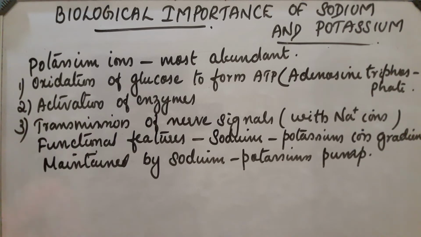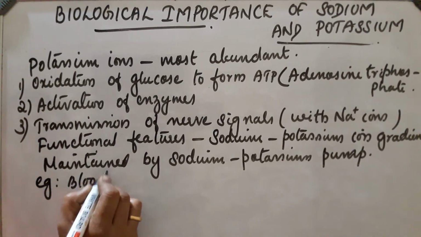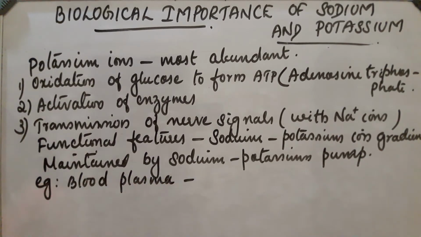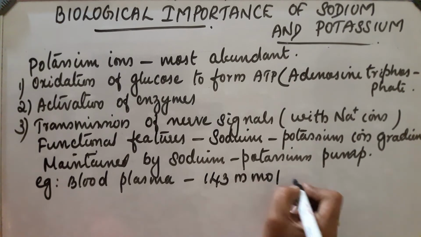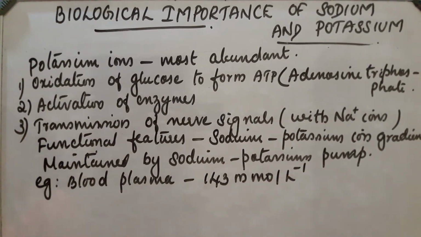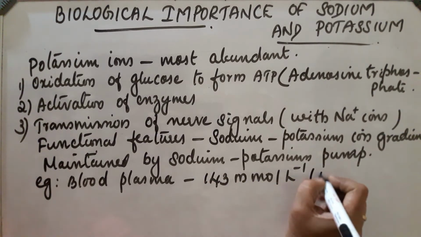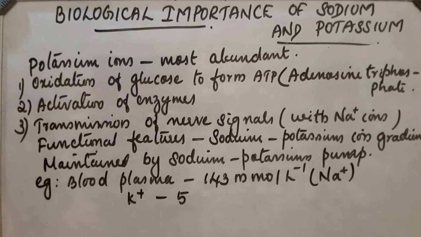For example, in blood plasma, the Na+ concentration is 143 mol per liter, whereas K+ is only 5 mol per liter.